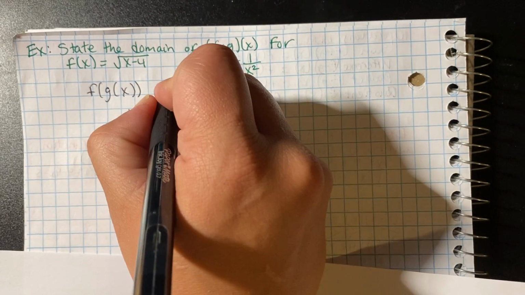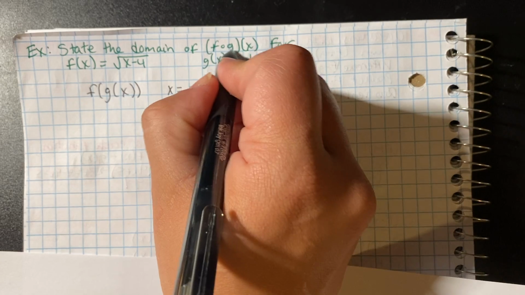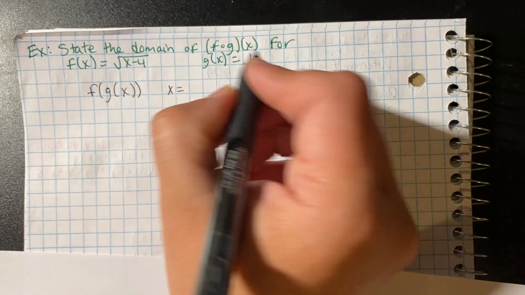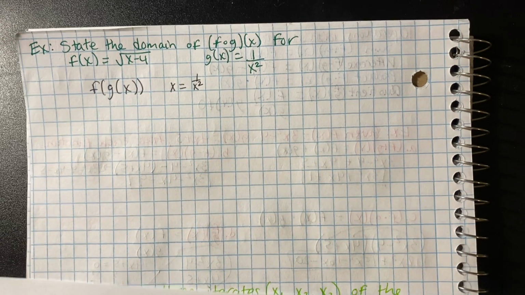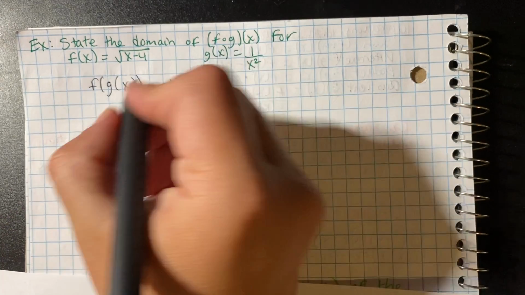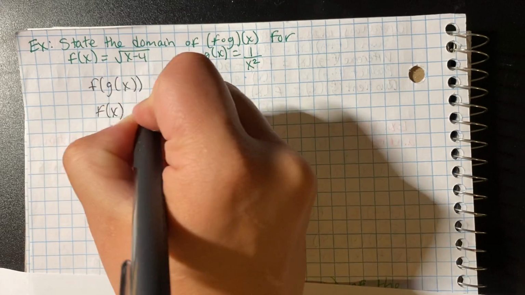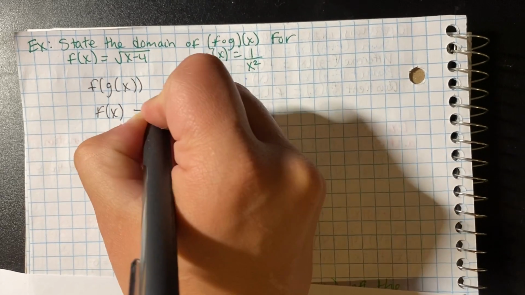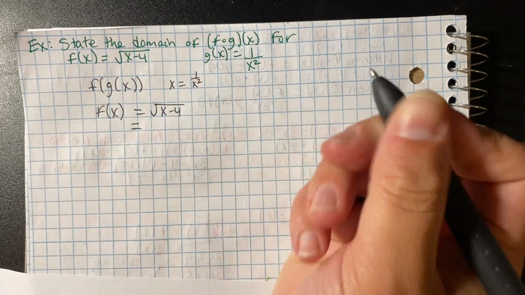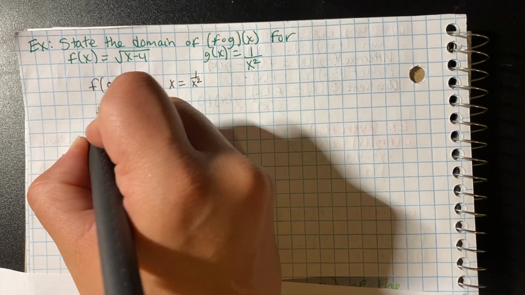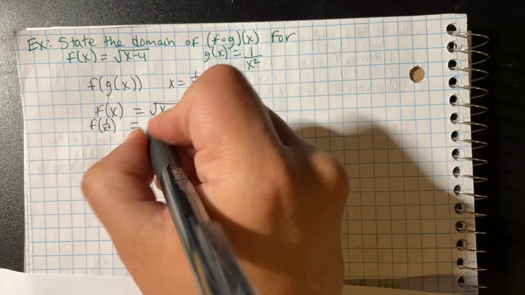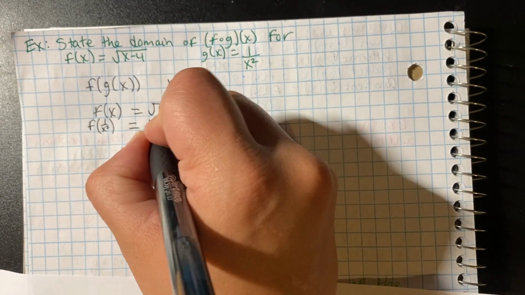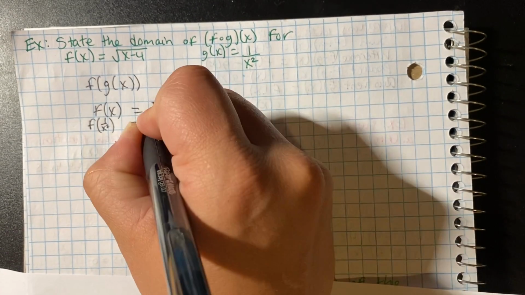Our g of x is going to be equal to 1 over x squared. So then f of 1 over x squared is the square root of 1 over x squared minus 4.